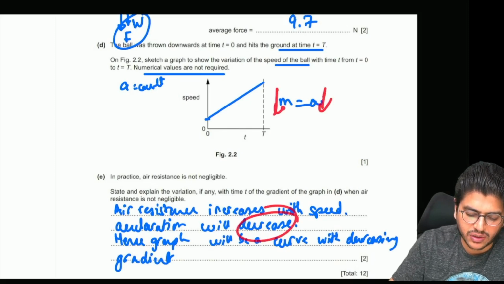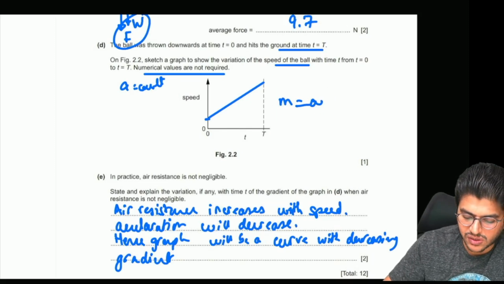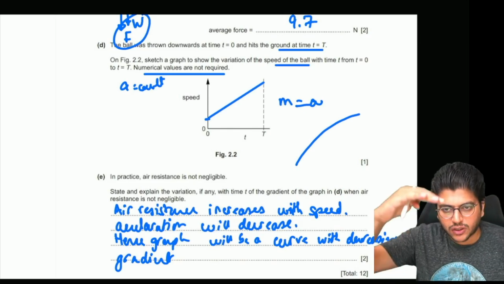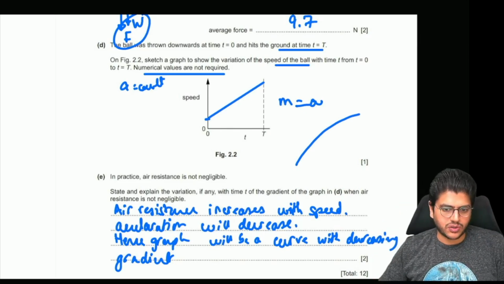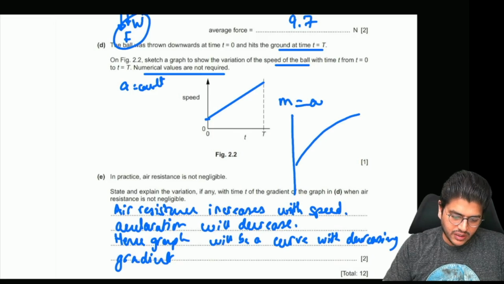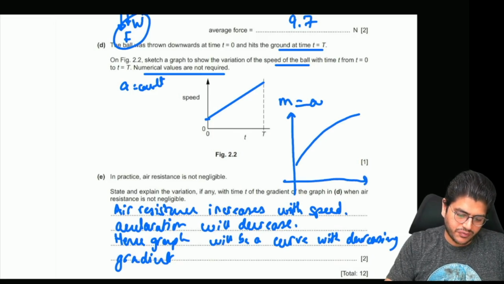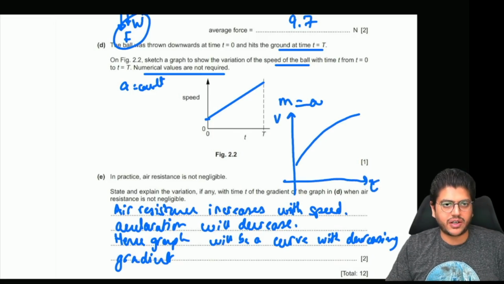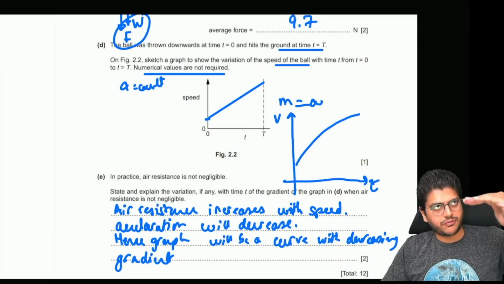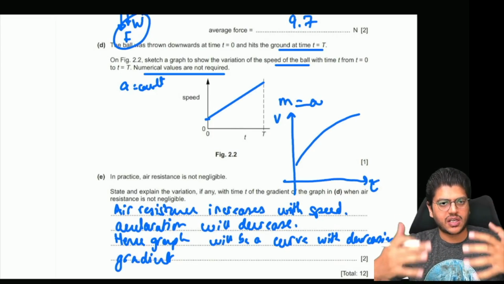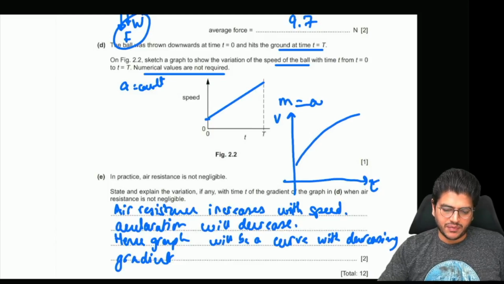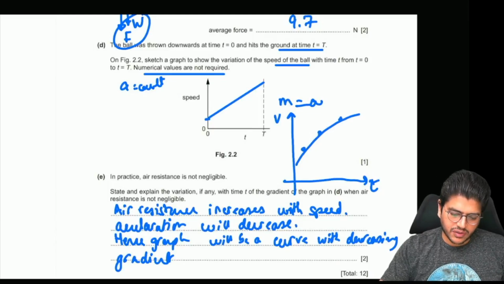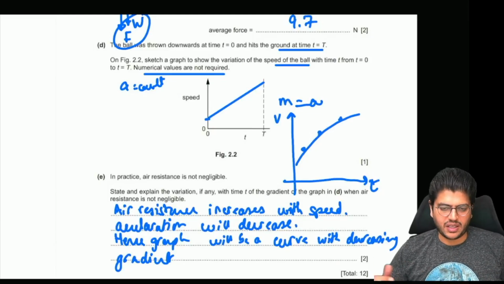That means that the gradient will decrease. And what does gradient decrease look like? It looks like this. Speed has to increase. When you're falling, your speed has to increase. So if I'm sketching it for the same scenario, my speed is increasing because I'm falling, but my acceleration is decreasing because air resistance is going up. So the gradient of the graph will decrease. And that's it.